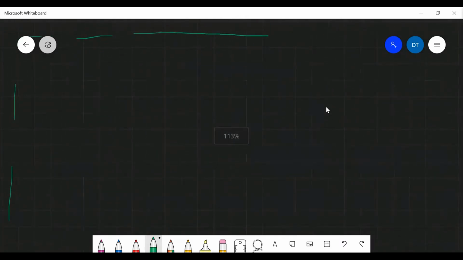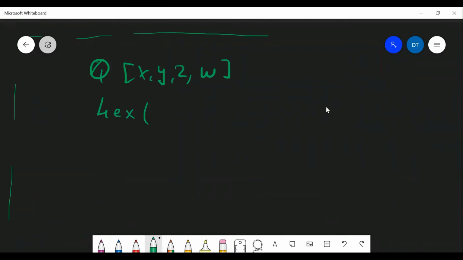Okay, so let's take Q of X, Y, Z, and W, and let's take the lexicographical ordering where X is larger than Y, larger than Z, larger than W. And let F be Y Z squared W minus X Z W squared.